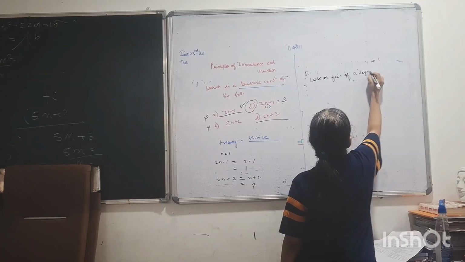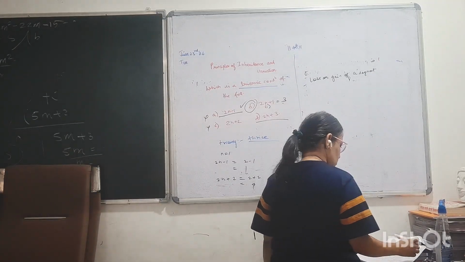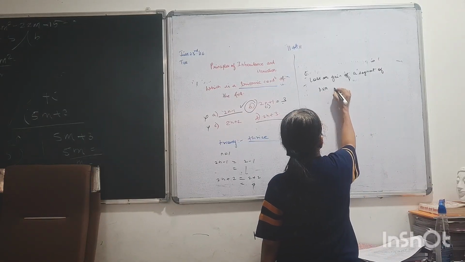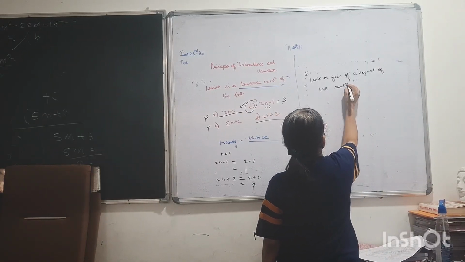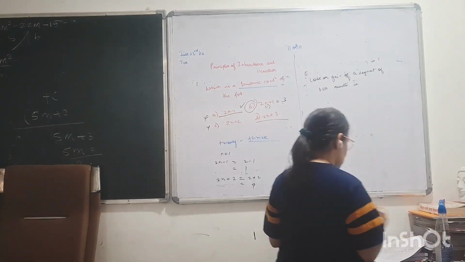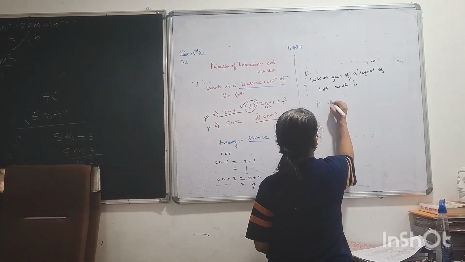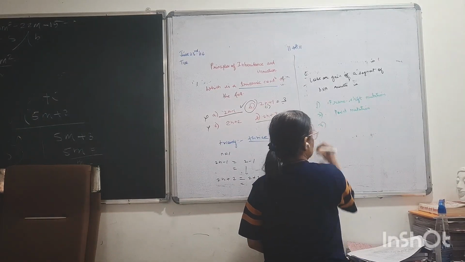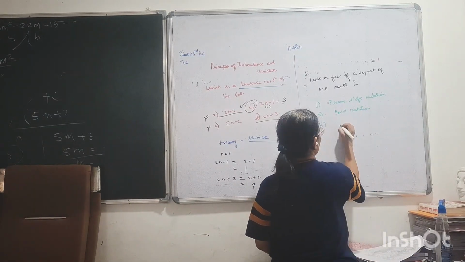Loss or gain of a segment of DNA results in which of the following disorders? First they have given frame shift mutation. Second is point mutation. Third is polyploidy.